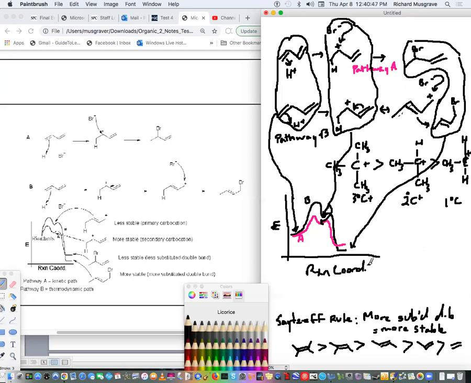And since I've got the black pen already here, I'll go ahead and label some of these. The product of pathway B, what I've called the black pathway, is this one. And the intermediate in pathway B is going to be this one.